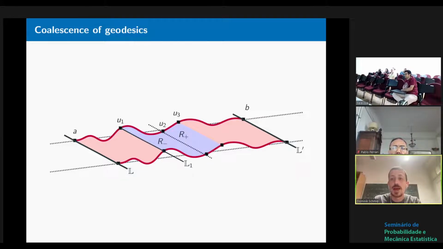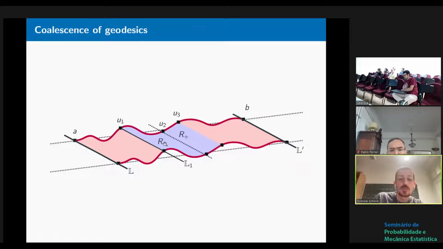And I want to argue that within the red parts, no matter where, if I compare the last passage time from, let's say, A to U1, or from U3 to B, then this will be very similar to the last passage time that I get from starting somewhere on this line L and connecting to U1, compared to starting somewhere on this line L prime and connecting to U3. So in the red areas, I assume that the last passage times are very typical.